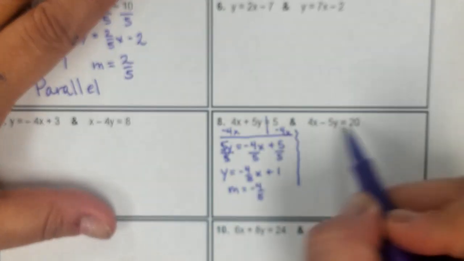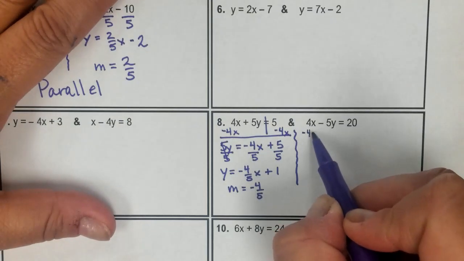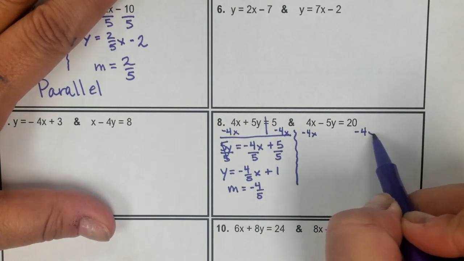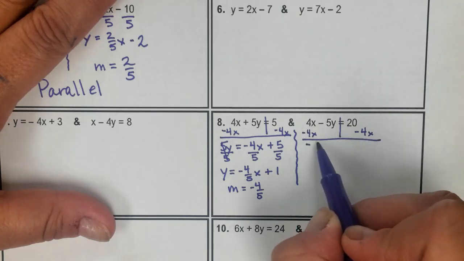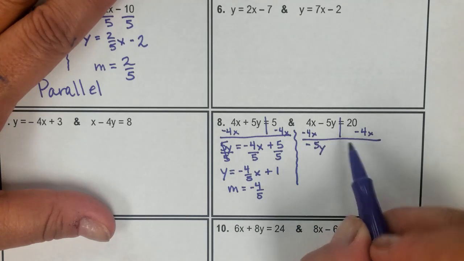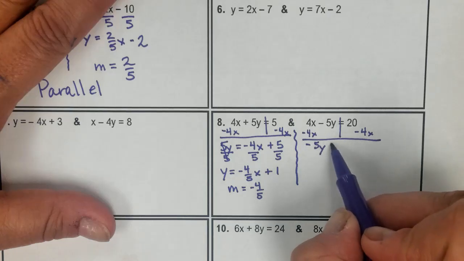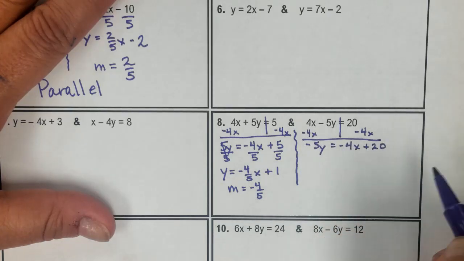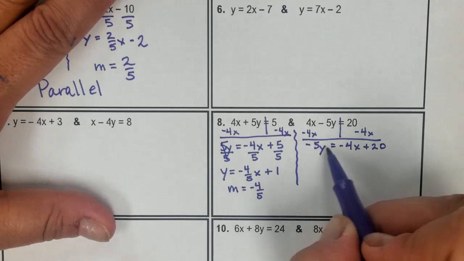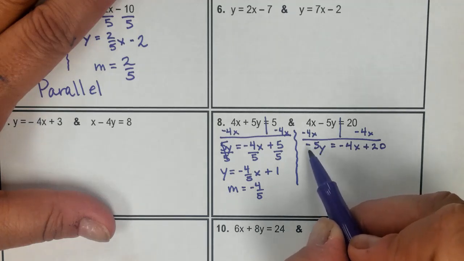Again, I need to move the 4x over. This time I have a negative 5y equals negative 4x plus 20. This time I'm going to divide by the negative 5.